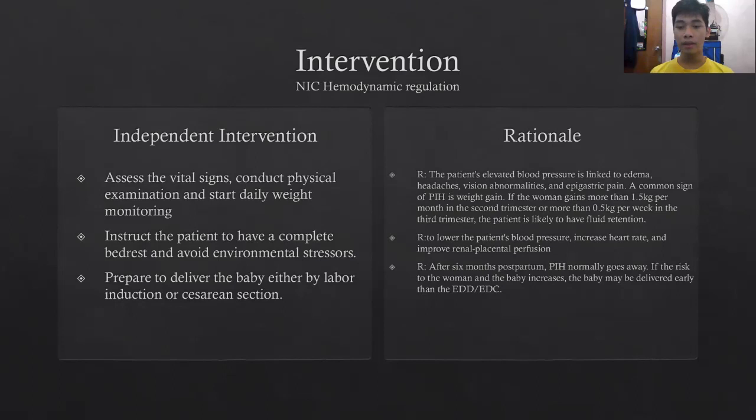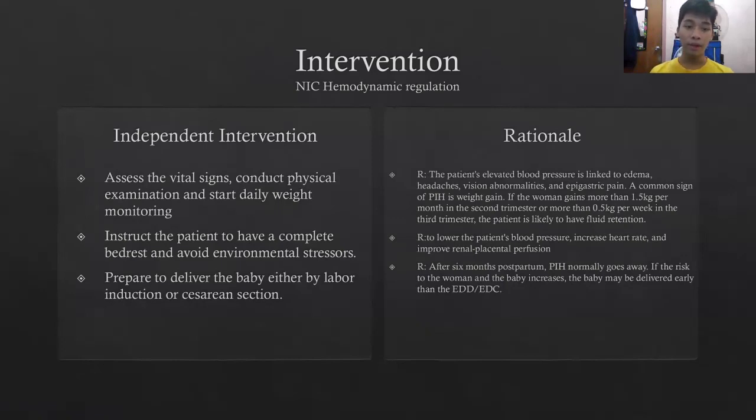If the woman gains more than 1.5 kilograms per month in the second trimester or more than 0.5 kilogram per week in the third trimester, the patient is likely to have fluid retention. Our second independent intervention is to ensure the patient has complete bed rest and avoid environmental stressors, to lower the patient's blood pressure, maintain heart rate, and improve renal placental perfusion.